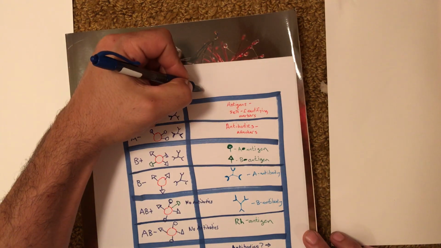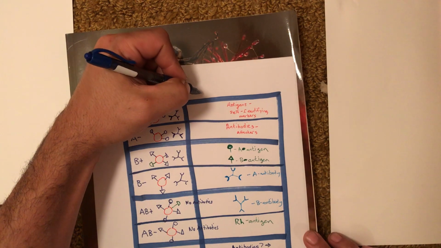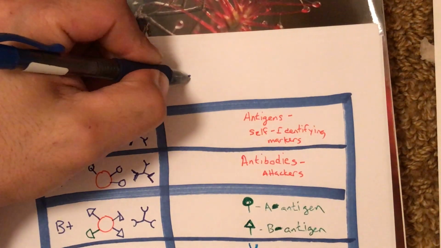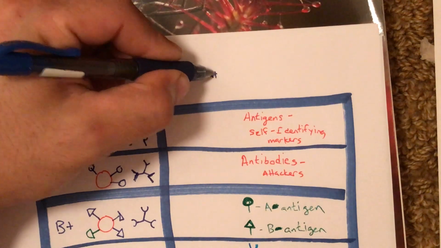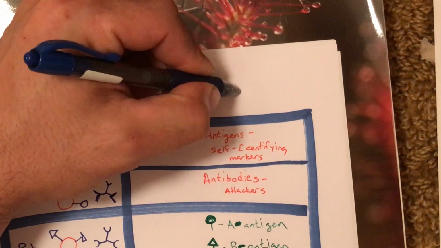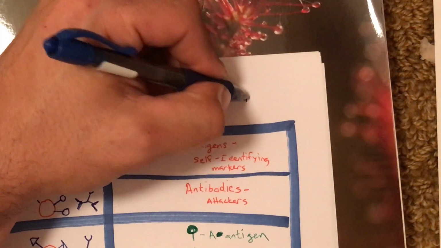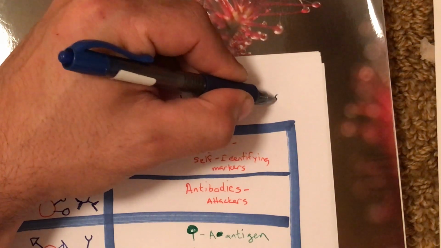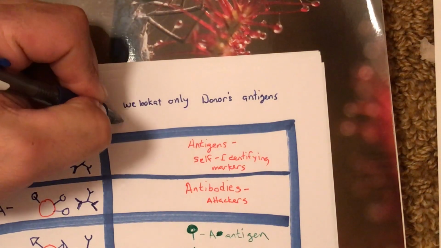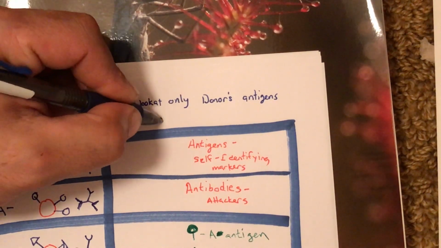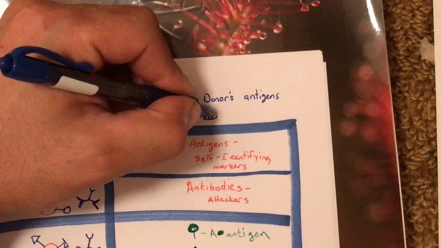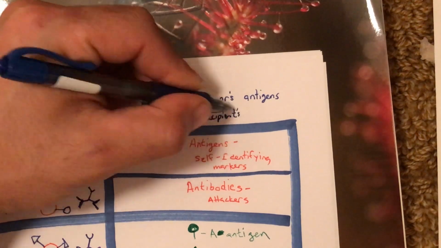So, we should put a little note up here that we look at only donors' antigens, because we don't care about their antibodies because we're not giving antibodies. And we look at only the recipient's antibodies.